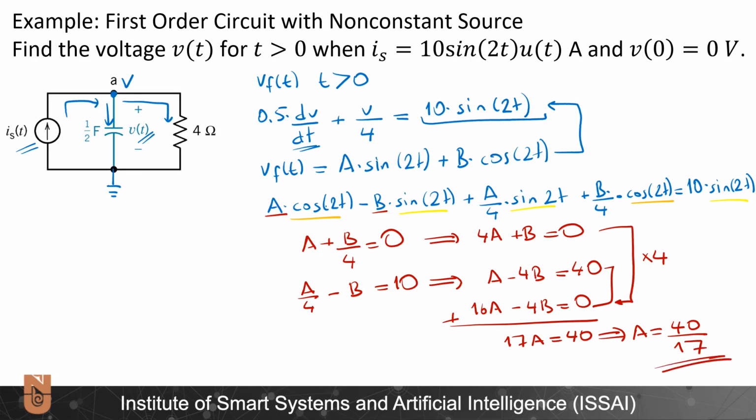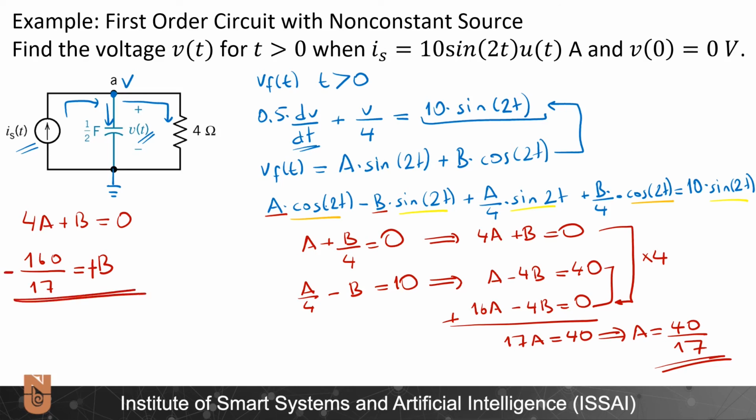Now I need to find B. I will use this relation, 4A plus B is equal to 0. And I have 4A by using 40 over 17 for A, 160 over 17, is equal to minus B, so B is minus 160 over 17.